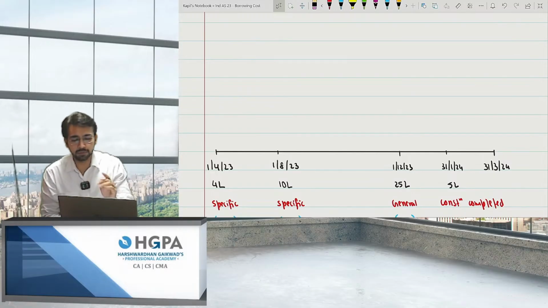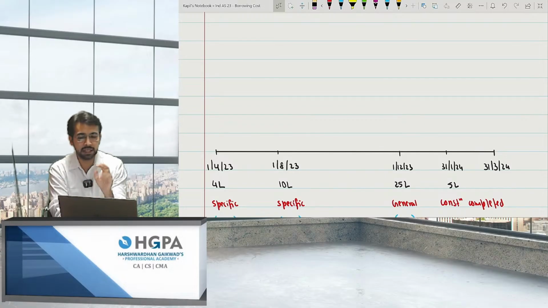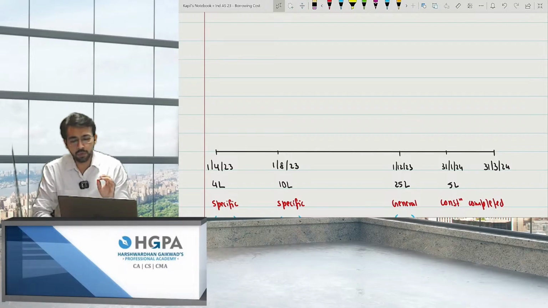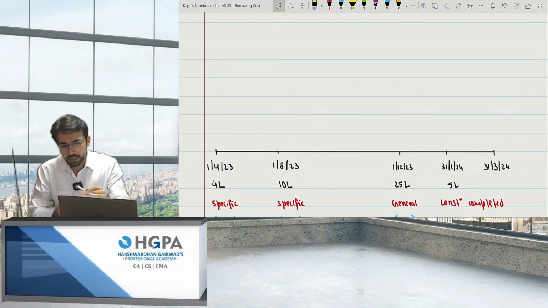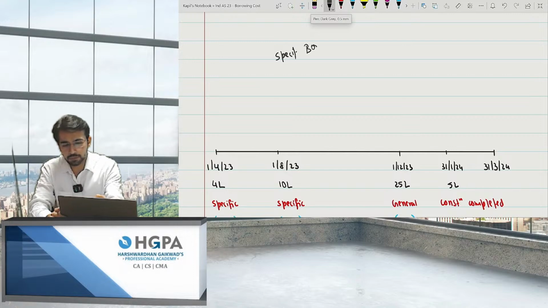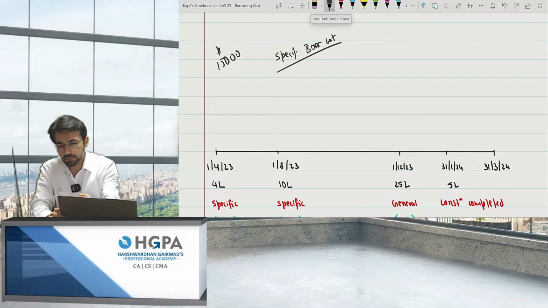4 expenditures made, right? On 31st January, it got completed. Obviously, the first 2 expenditures were from the 14 lakh specific. The other 2 were from general. And the construction got completed on 31st January. Now the question comes, what is the amount of specific borrowing cost? The question is right in front of you. 15,000 was the temporary income also.